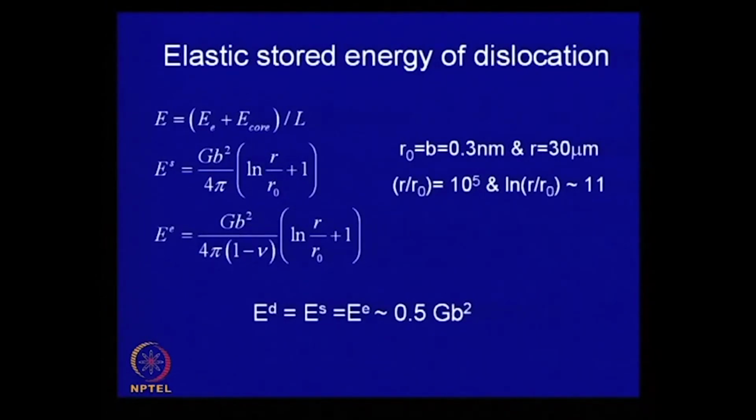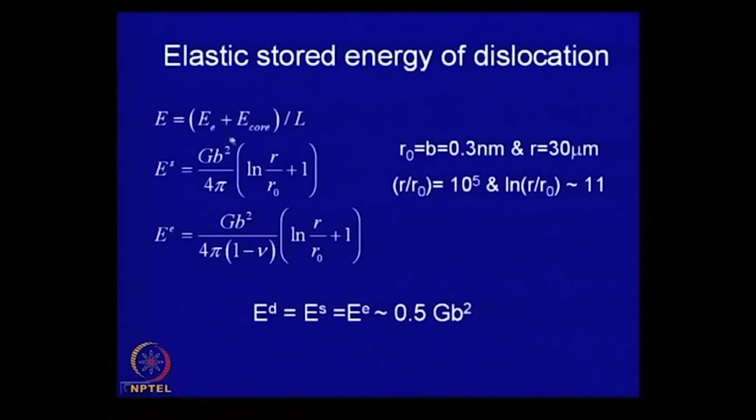Now, a few points on the elastic stored energy of the dislocations. When we look at the elastic stored energy of a dislocation, there are two parts. A part of the energy is stored inside that hollow core, so within the core of the dislocation there is some energy stored, and apart from the core, from the core to the boundary of the crystal, there will be some amount of energy stored.